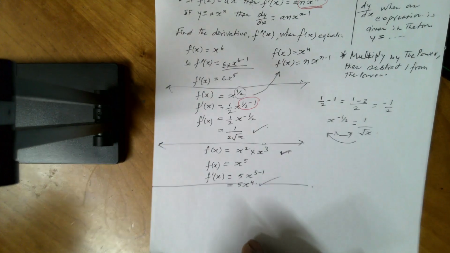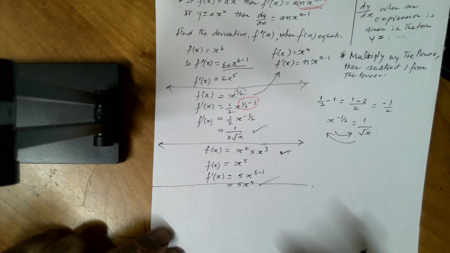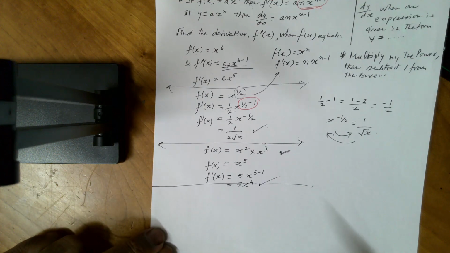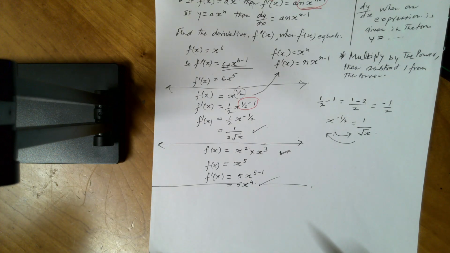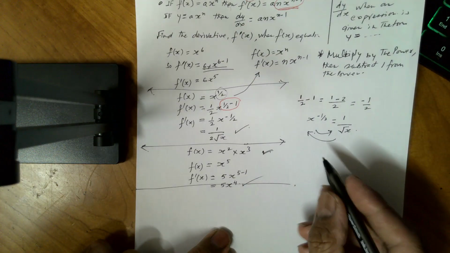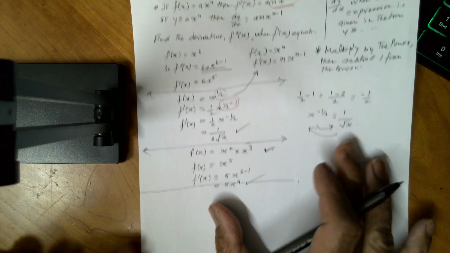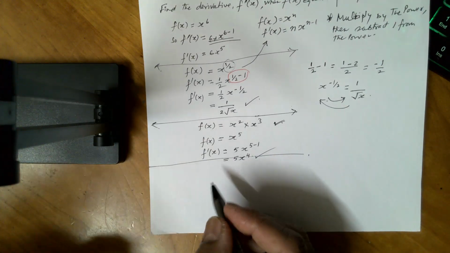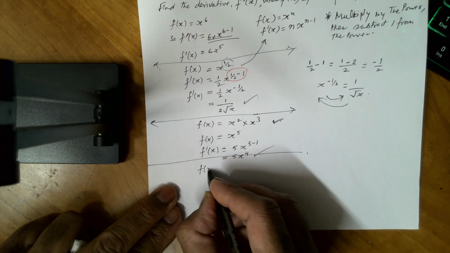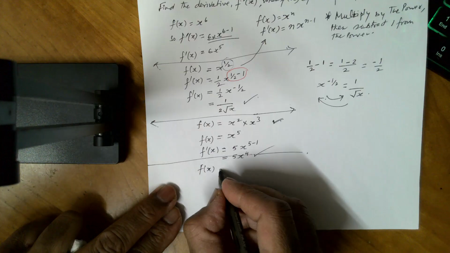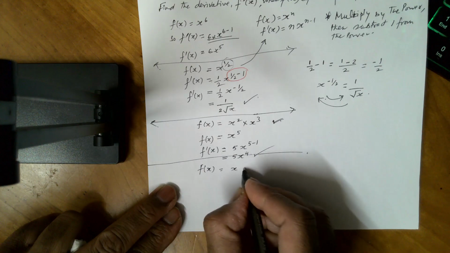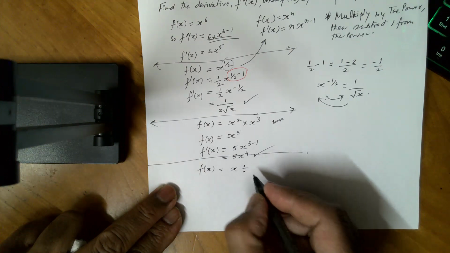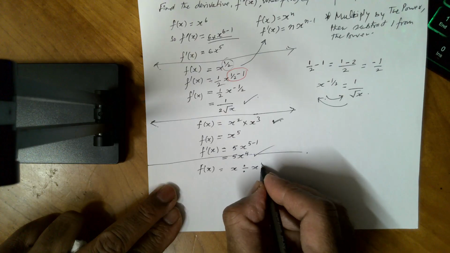Now let's say if they ask you, I just wanted to do one more example here, that's a pretty good one. So let me do this one for you. Let's say f(x) is equal to x, however, divided by x to the power 5.